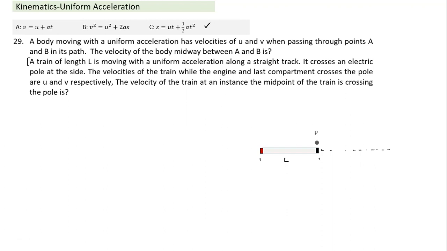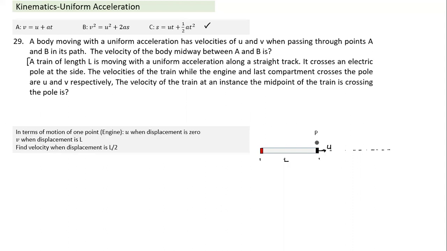So now if this is the direction of motion, at this particular instant, the engine is crossing, and at this particular time the speed is U. Let's focus on the motion of the engine.